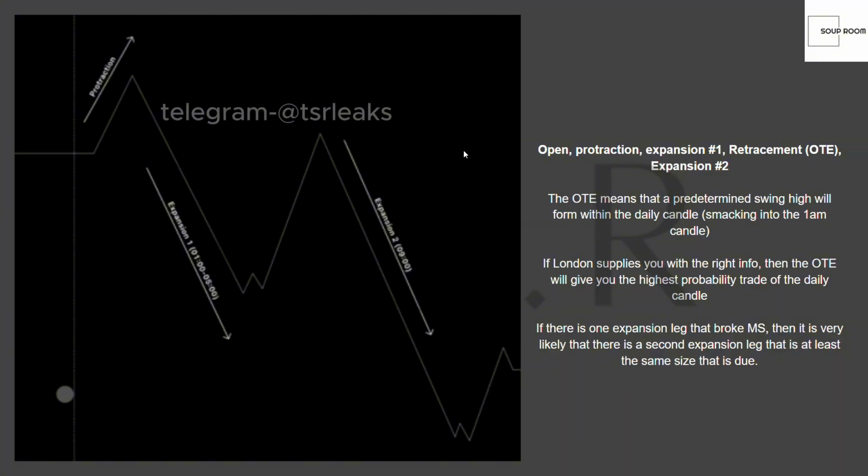If there is an expansion leg that broke market structure, then it is very likely that the second expansion leg is at least the same size. All right, so what does this mean?